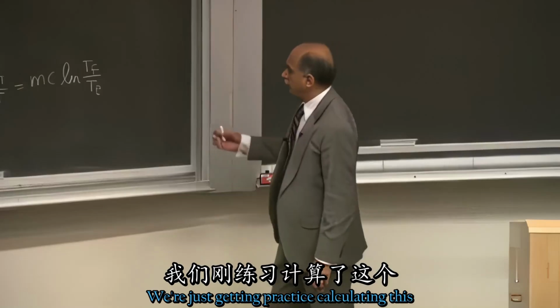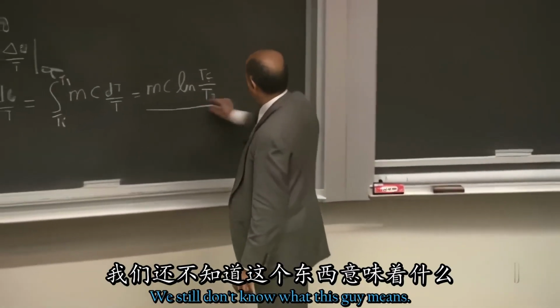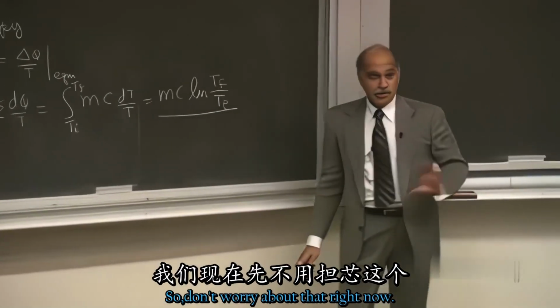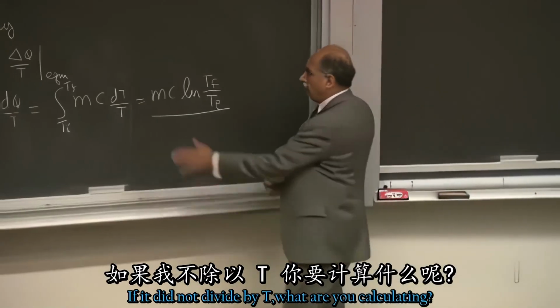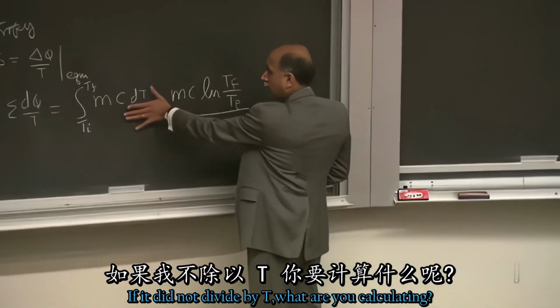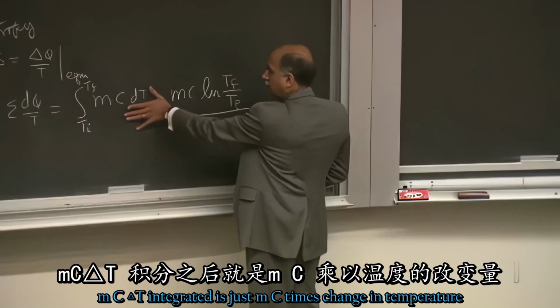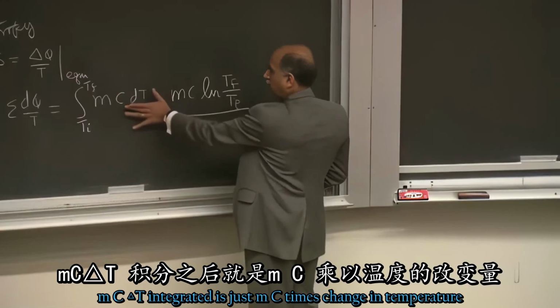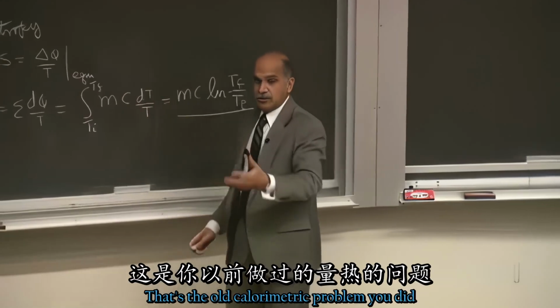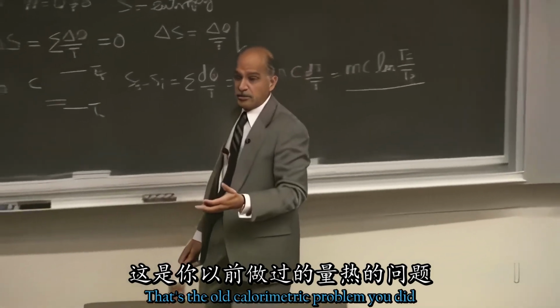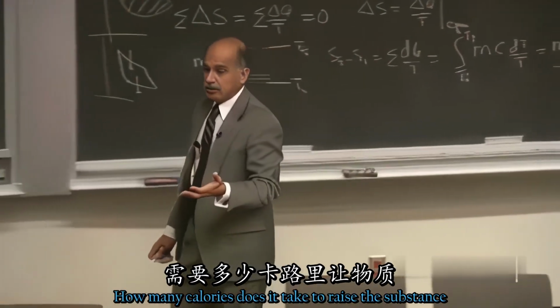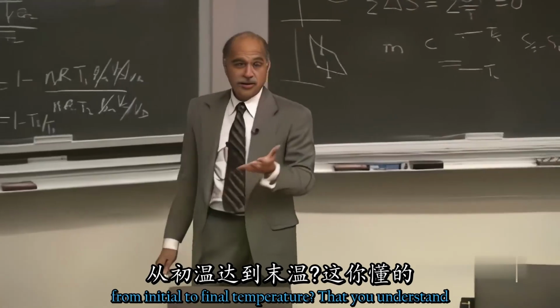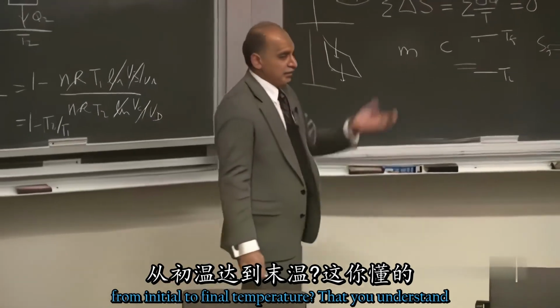We're just getting practice calculating this. We still don't know what this means, so don't worry about that right now. If you did not divide by T, what are you calculating? MC delta T integrated is just MC times the change in temperature. That's the old calorimetric problem you did. How many calories does it take to raise the substance from some initial to final temperature? That you understand.